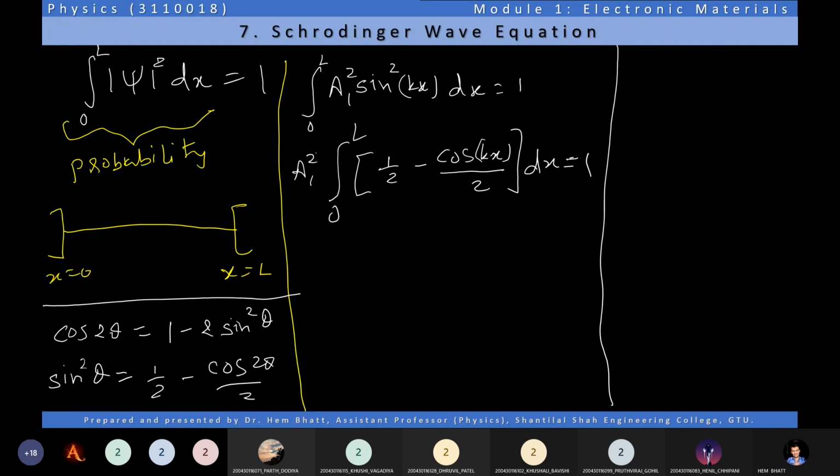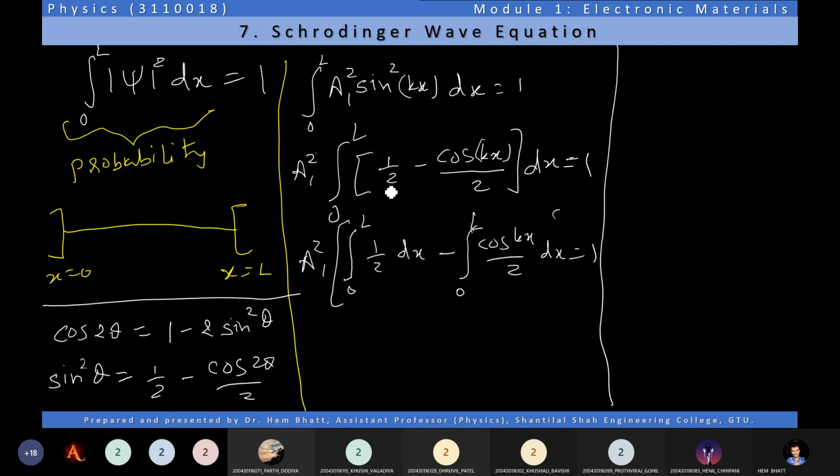So now if I integrate 1 by 2, and if I integrate cos kx by 2, I know that the second integration should be 0. cos નું તમે એક સાયકલ ઉપર ઇન્ટિગ્રેશન કરો તો એ તો 0 થવું જોઈએ, બરાબર?